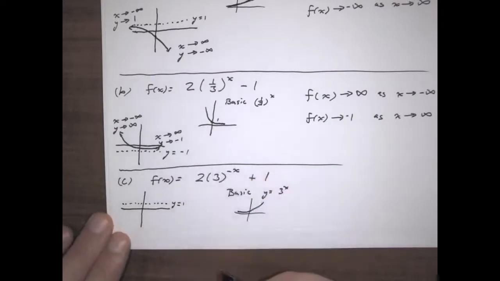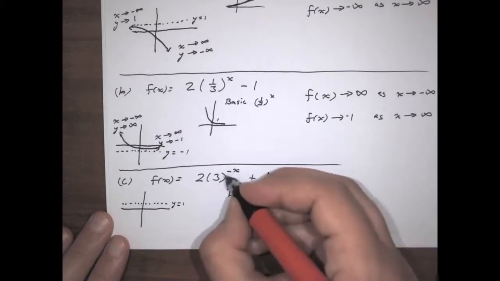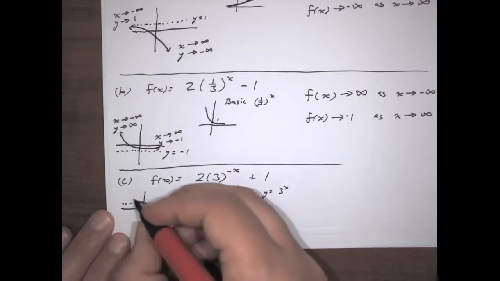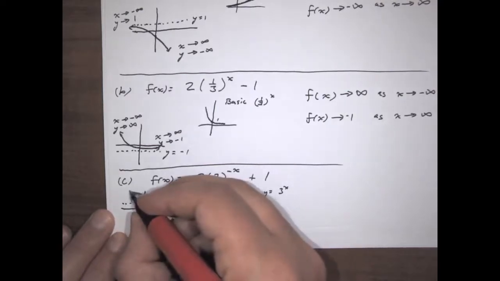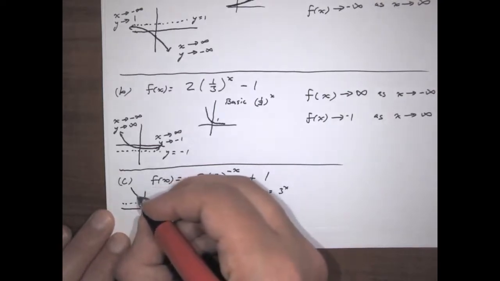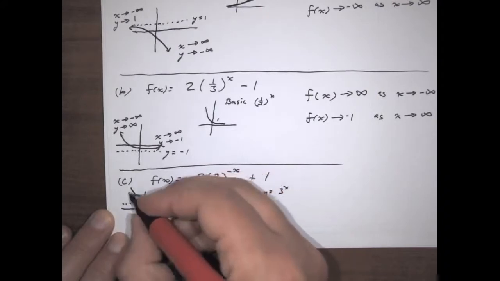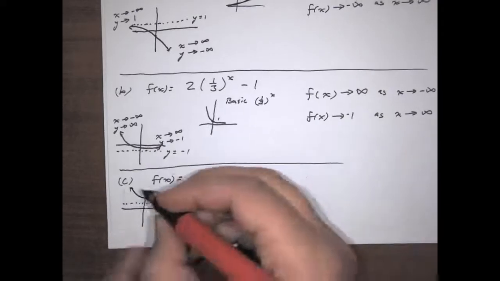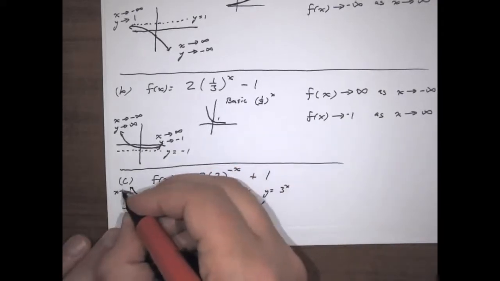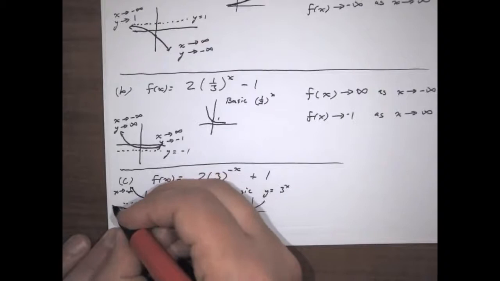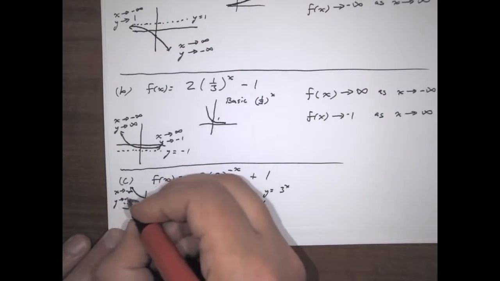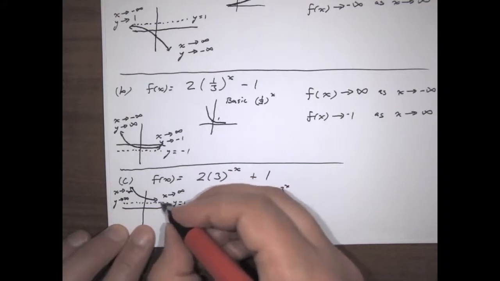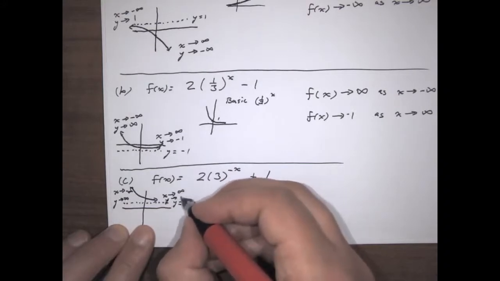The 2 stretches it, not that it really matters that much to us, but the important thing here is this negative reflects it, so it goes backwards. So that means we are talking about something going backwards, which makes it, in effect, decay. So here, x is going to negative infinity, that's the left, y is going to infinity. x on this side is going to infinity, that's the rightwardness, and y is going to 1.